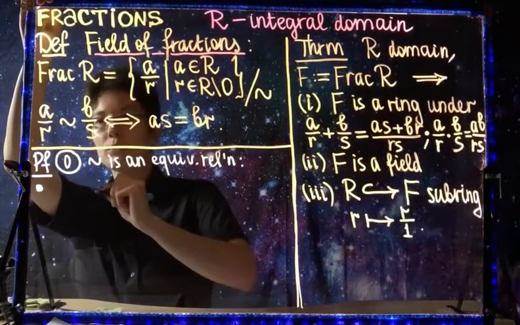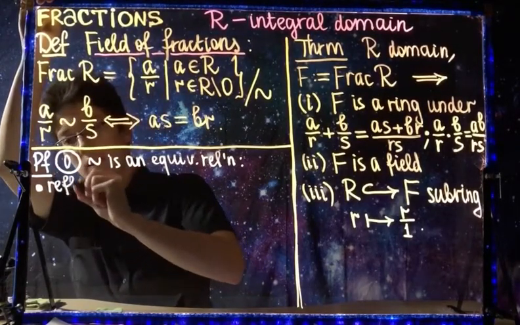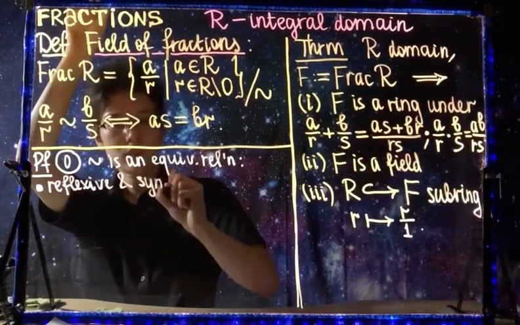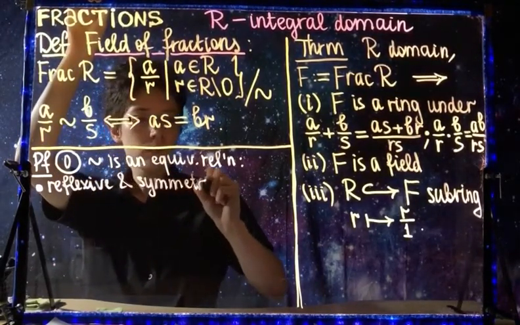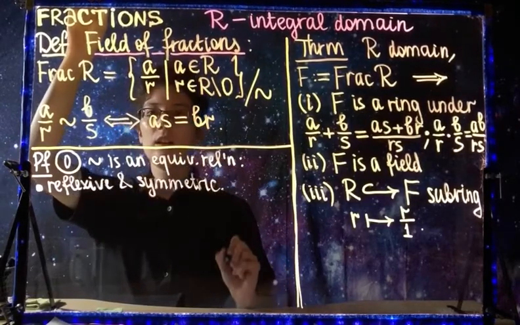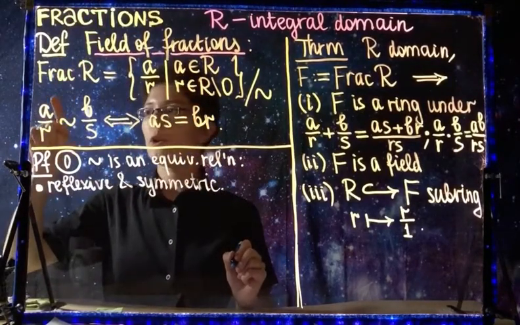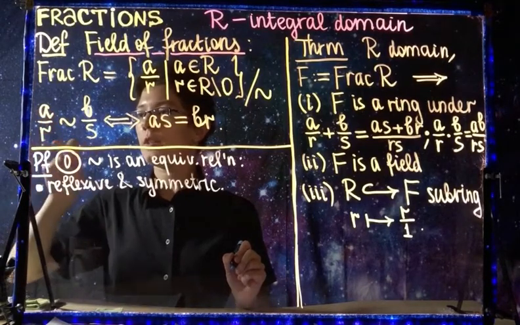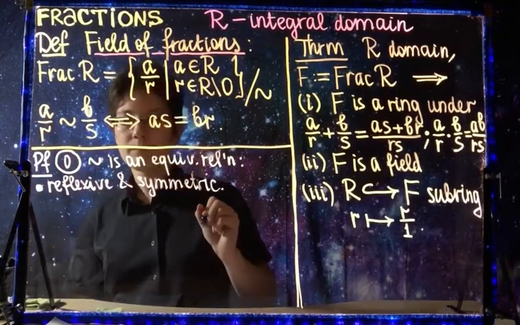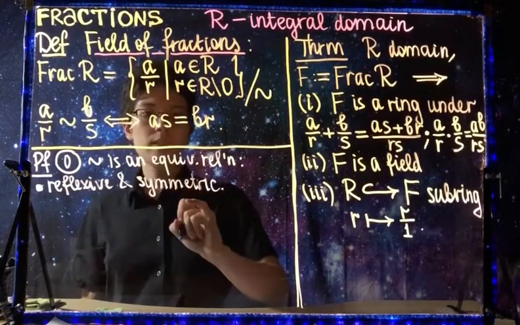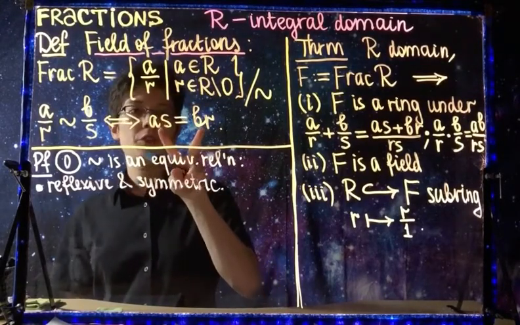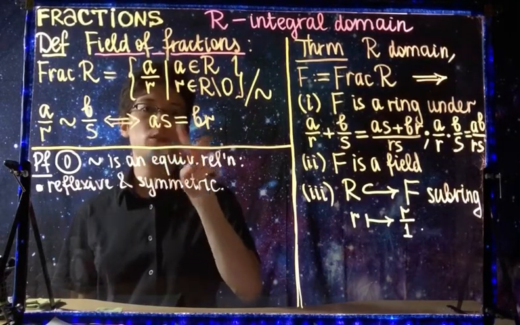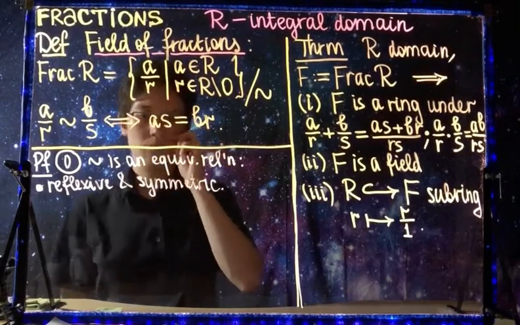It is easy to see that it is reflexive and symmetric. So first, it is reflexive because for A over R, A times R is equal to A times R. And it is symmetric because we can just move AS to the right and BR to the left.